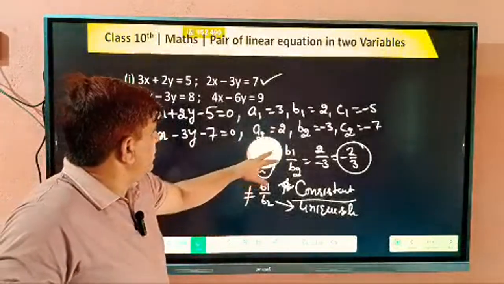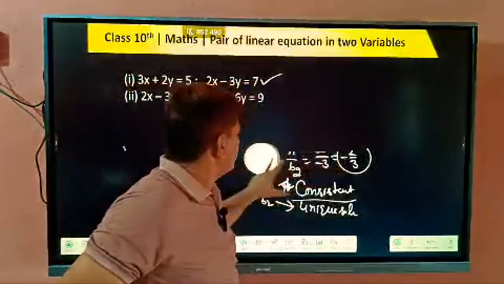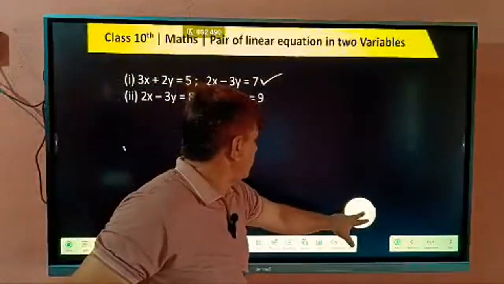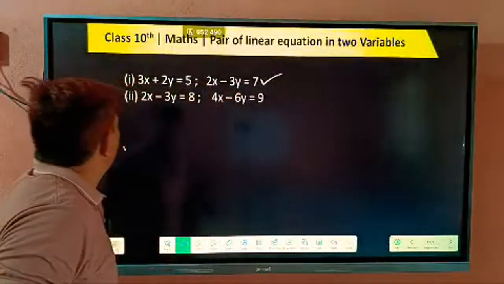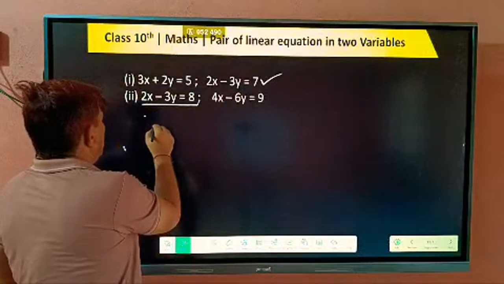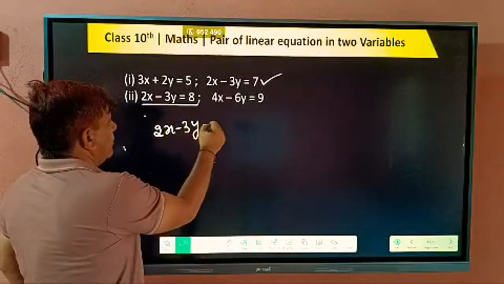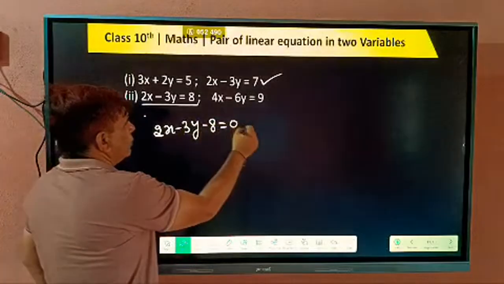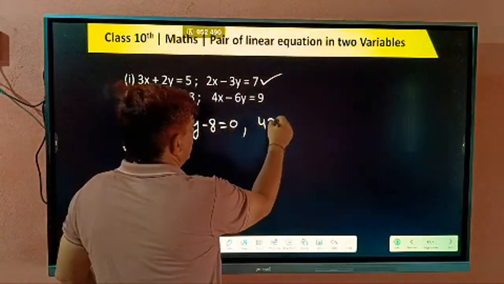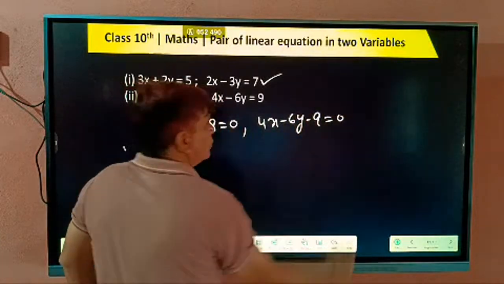Now take the second part of this question. What's the question? We can write 2x minus 3y minus 8 equal to 0 and 4x minus 6y minus 9 equal to 0.